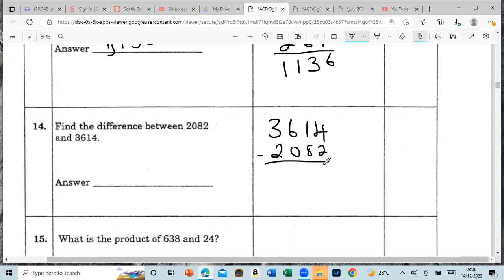So we're gonna subtract because that's what the difference does. So if you have 4 things and you take away 2, you have 2 left. 8 from 1, you can't, so we borrow. You have 5 left. Borrow 1 here, so that leaves 3, 0 from 5. So it's 1,530.